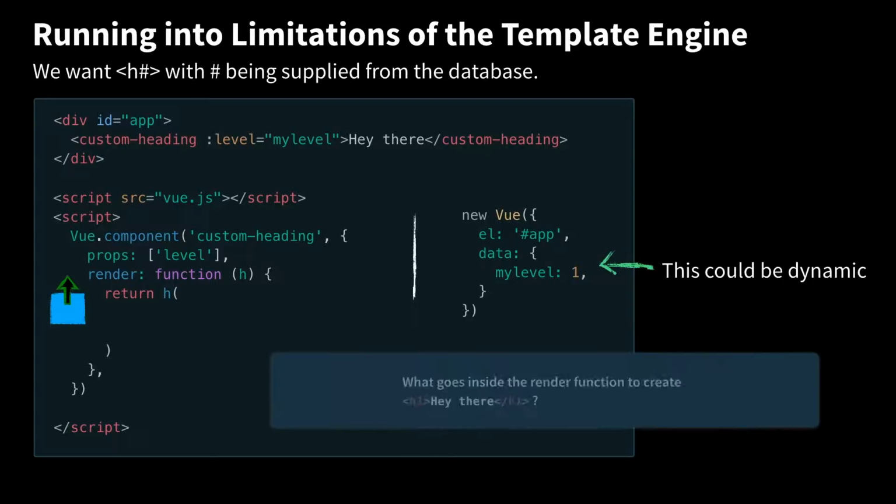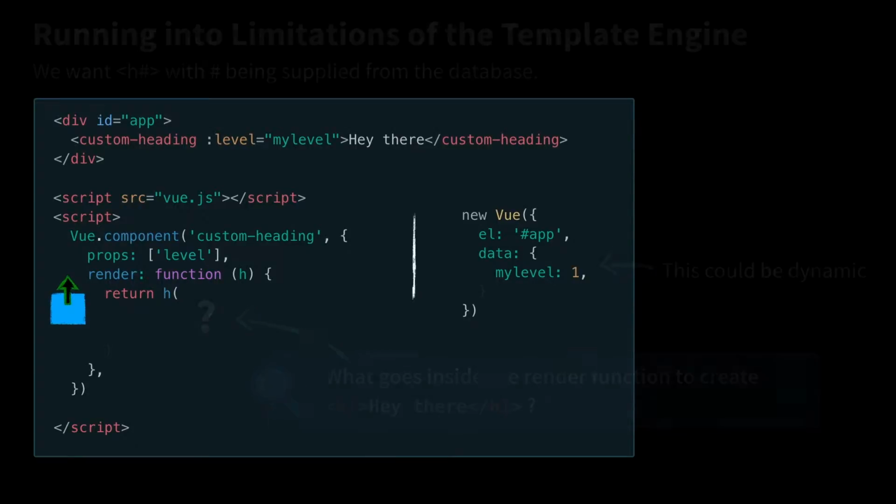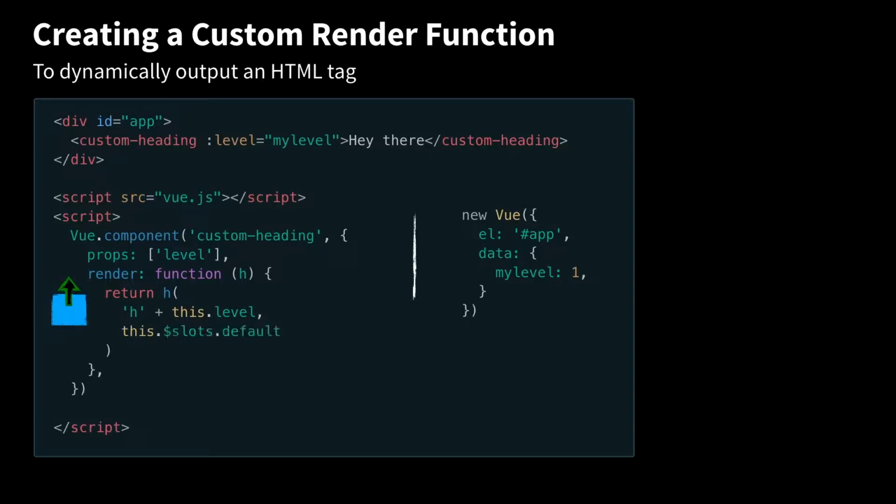And take a moment to think about, what do you think goes inside of the h? Inside the h, we can dynamically output an HTML tag and just write h plus this level, and then pass everything inside of the component tag through our default slot, which might contain children elements. This would then print out h1, hey there.